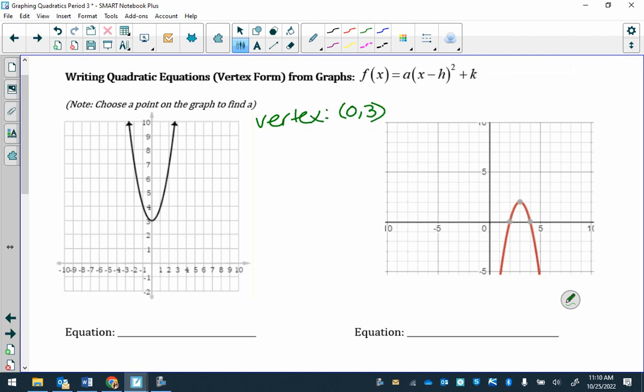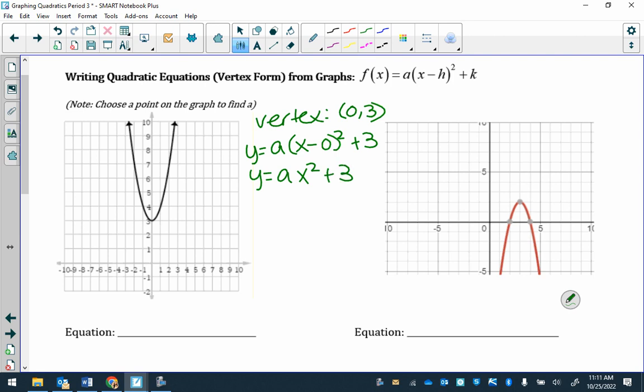So if I was to write that first in vertex form, this is what it would look like. Y equals, I don't know that A value, (x minus 0) squared plus 3. And I put that in for a reason. Now, I could get rid of that x minus 0 to have x squared plus 3.